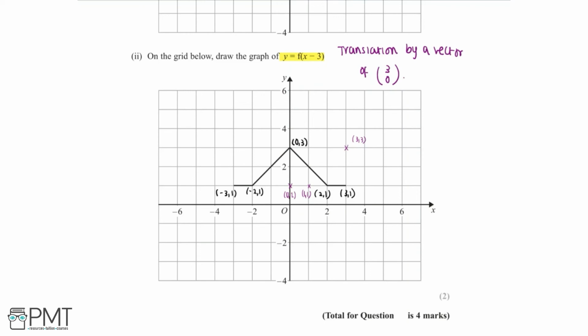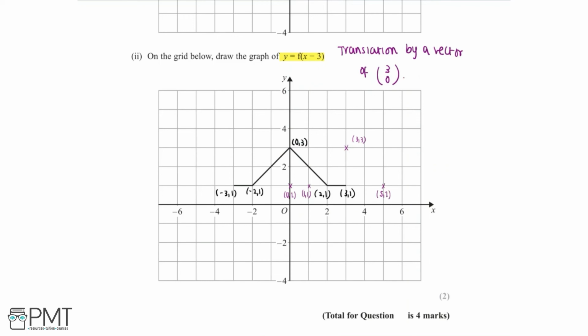Then we have the point 2, 1. So when we add 3 to the x-coordinate, we have 2 plus 3 is equal to 5. The y-coordinate of 1 remains unchanged, and so our translated point is equal to 5, 1. And finally, we have the point 3, 1.